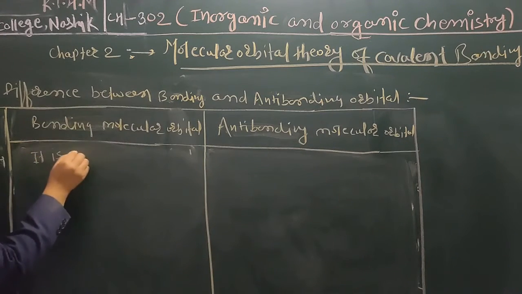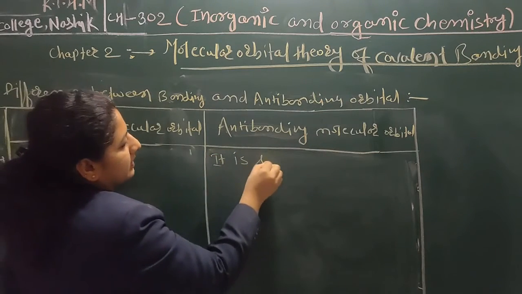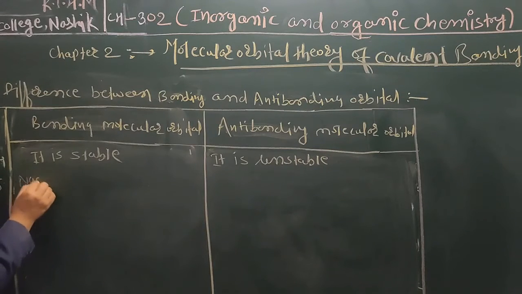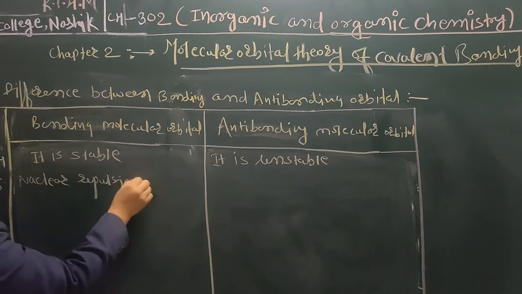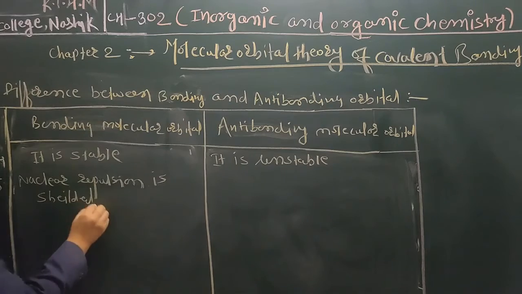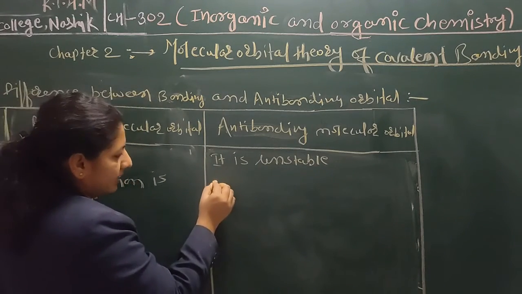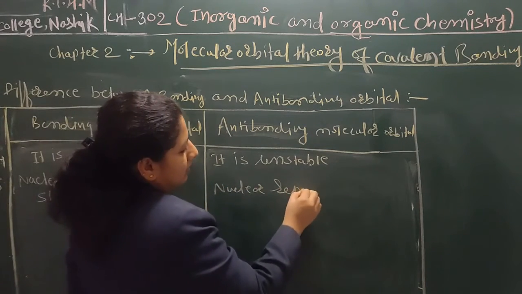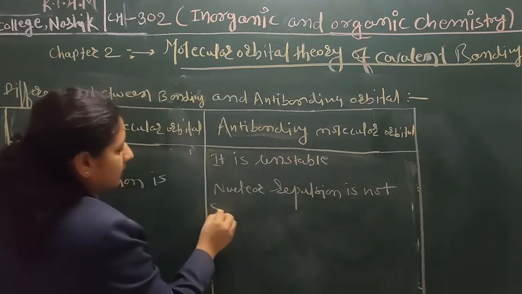The next one, bonding is stable, antibonding is unstable. In bonding molecular orbital nuclear repulsion is shielded, whereas in antibonding molecular orbital nuclear repulsion is not shielded.